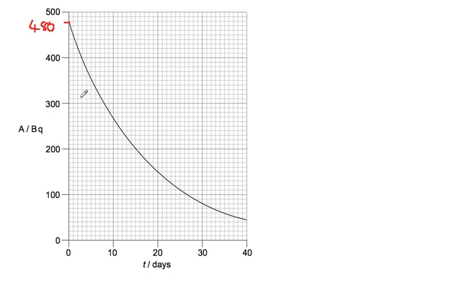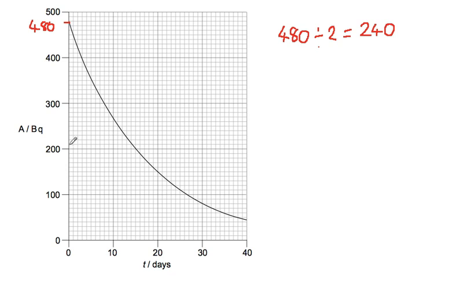So hopefully we remember a half-life is how long it takes for half of the radioactive nuclei to decay or for the activity to be halved. So what we need to do is 480 divided by 2, and that gives us 240. So what we need to do then is on our graph we need to find 240.